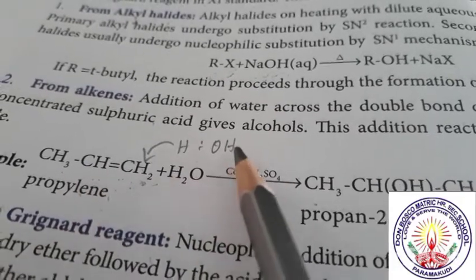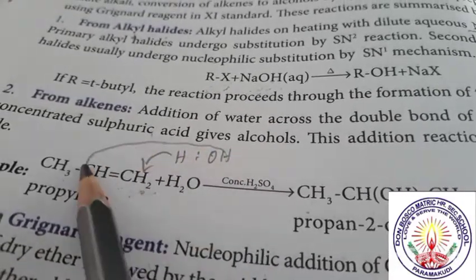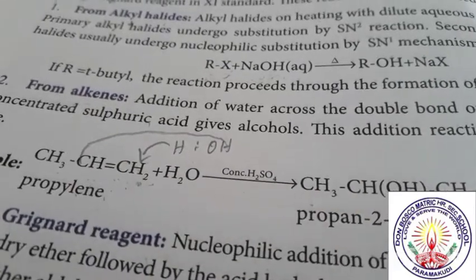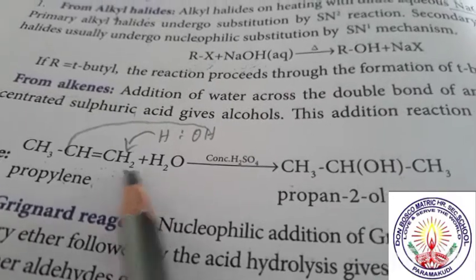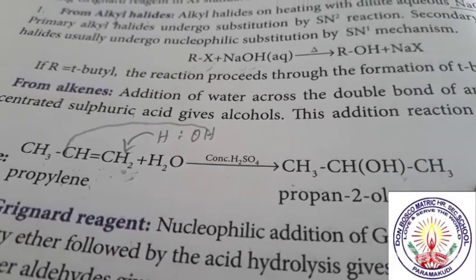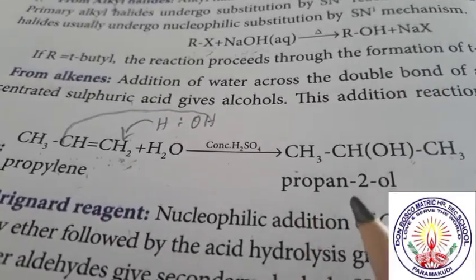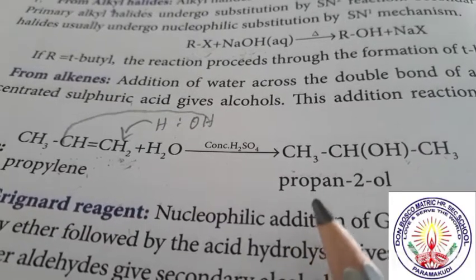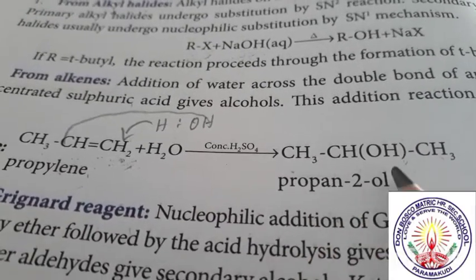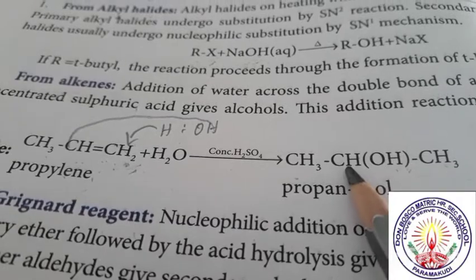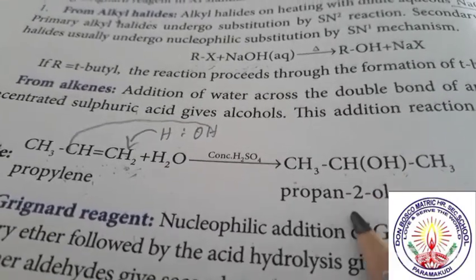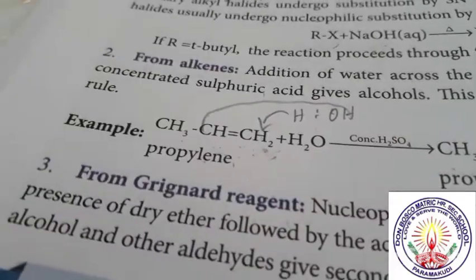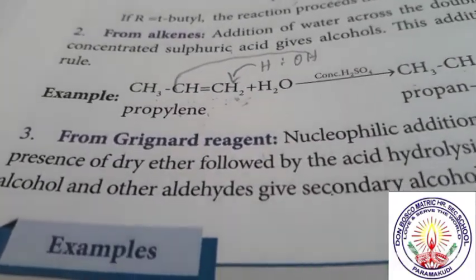And this OH will combine with this CH. So CHOH, and this hydrogen will combine with CH2, thus we are getting CH3. So write this IUPAC name, propan-2-ol. This alcohol is present in the second carbon of the chain, so 2-ol.